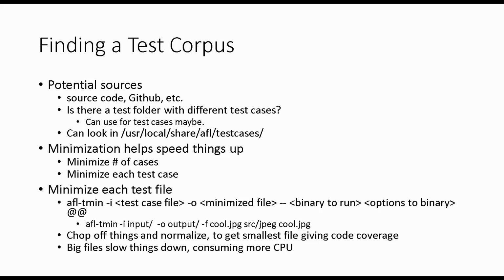If there are no test cases, then it's probably pretty small time, which is fine. There's no reason we can't fuzz those. It just means that we need to look elsewhere for our potential sources. And actually, if they don't have test cases, and you suspect they haven't used test cases, then there's probably a greater probability that there are potential software vulnerabilities that we can make use of. So don't necessarily look at it as being a bad thing.